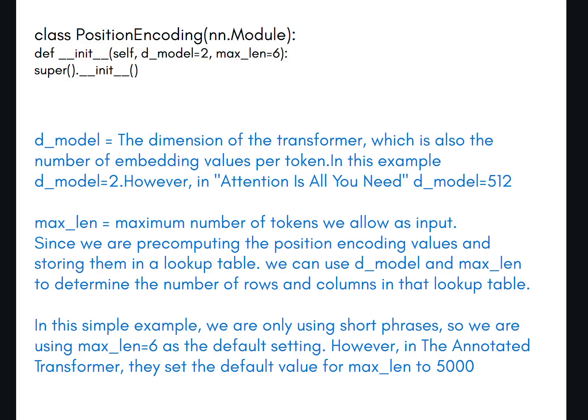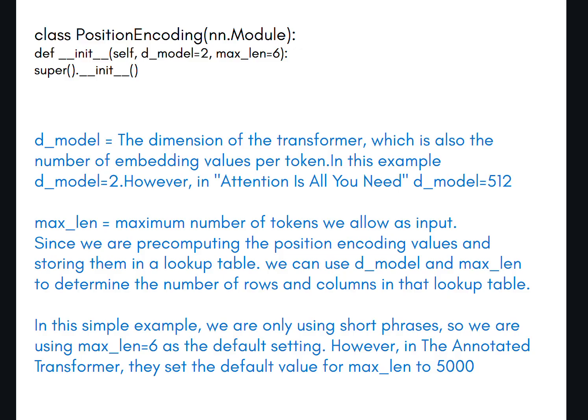However, in Attention Is All You Need, d_model equals 512. Max length equals the maximum number of tokens we allow as input. Since we are pre-computing the positional encoding values and storing them in a lookup table, we can use d_model and max length to determine the number of rows and columns in that lookup table.